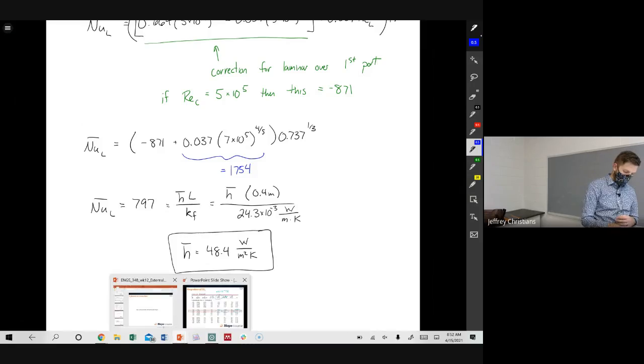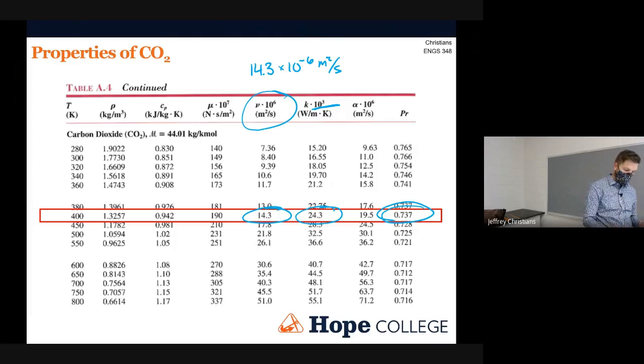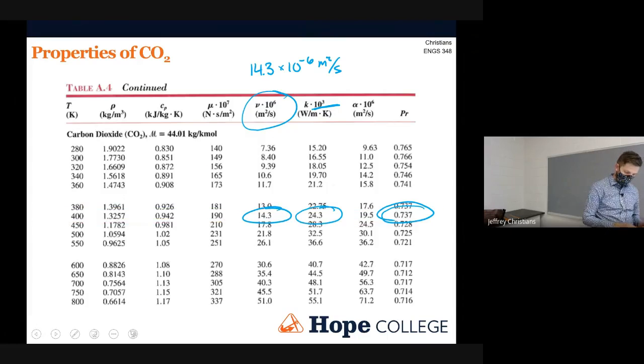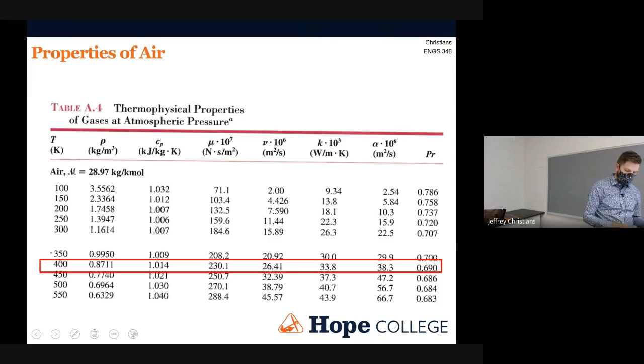And if we look at air and carbon dioxide, they don't have wildly different properties. Like the thermal conductivity, air actually has a little bit better thermal conductivity than carbon dioxide. We would think that would make convection better. It's more conductive.